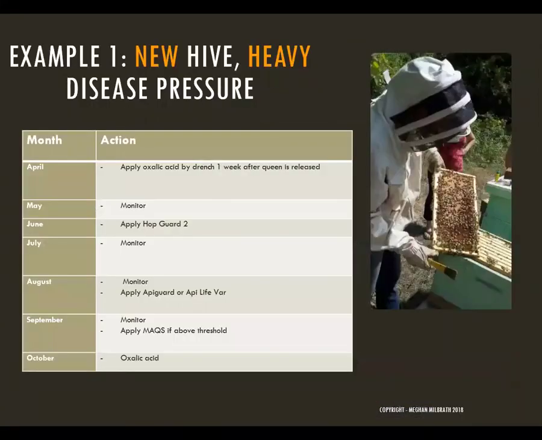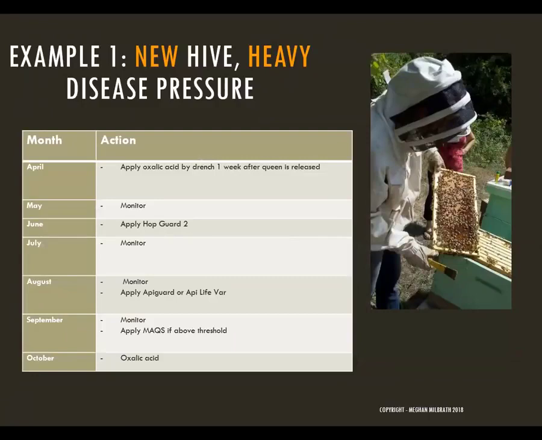All right, so let's say we have a brand new hive, we're a brand new beekeeper, and we're moving into an area that is really densely populated with tons of beekeepers who maybe aren't managing mites well. So we've got really heavy disease pressure. Here's an example of what you could do as a new beekeeper.